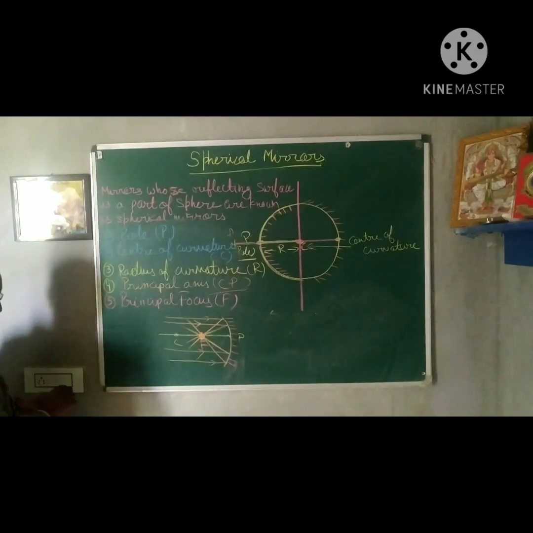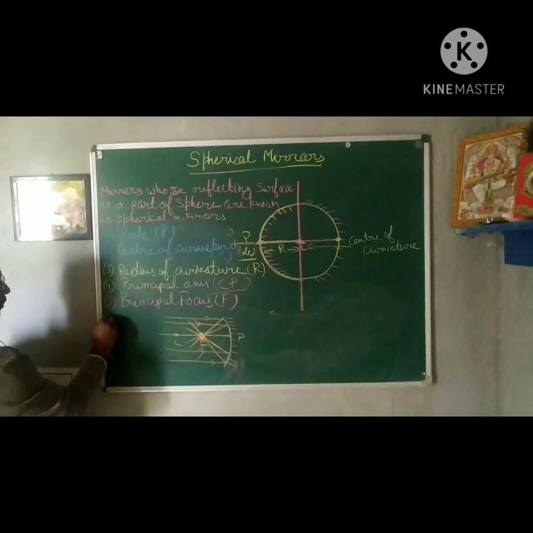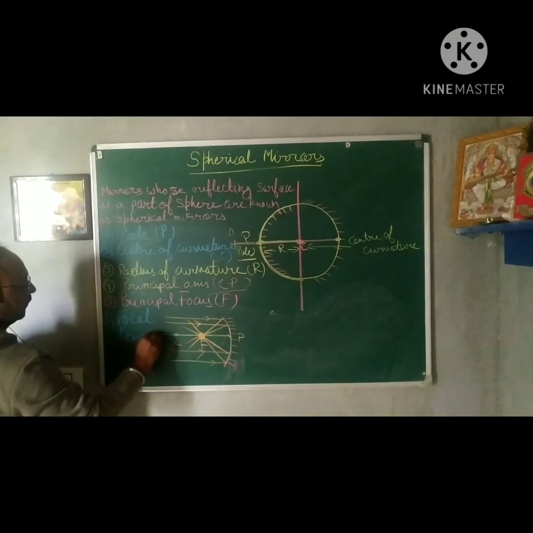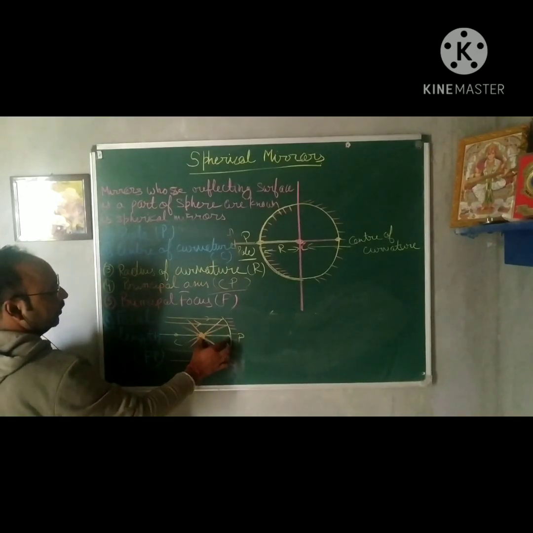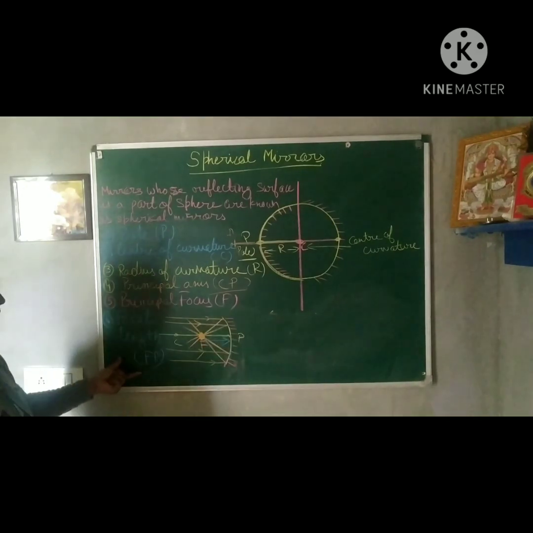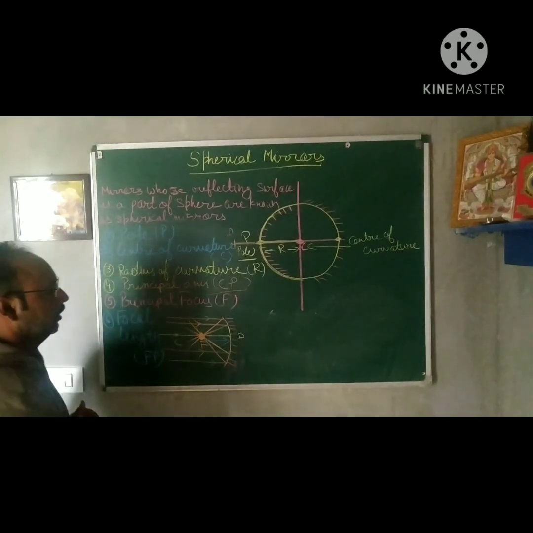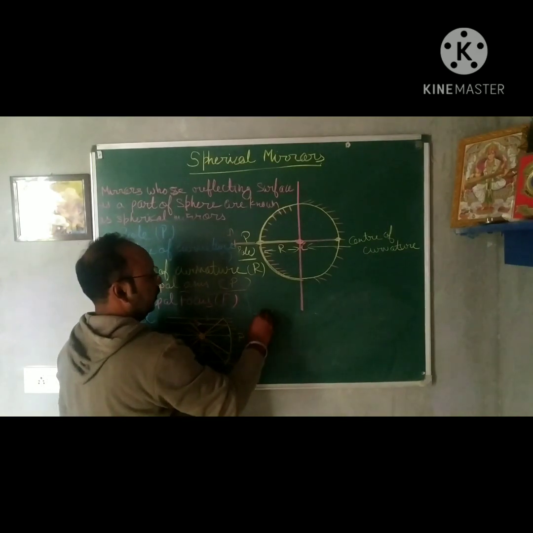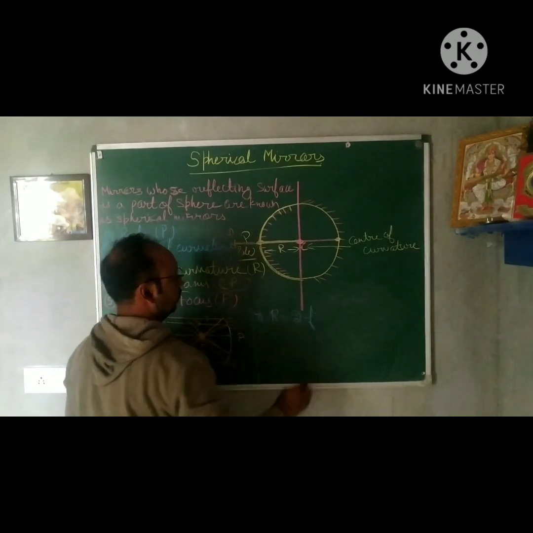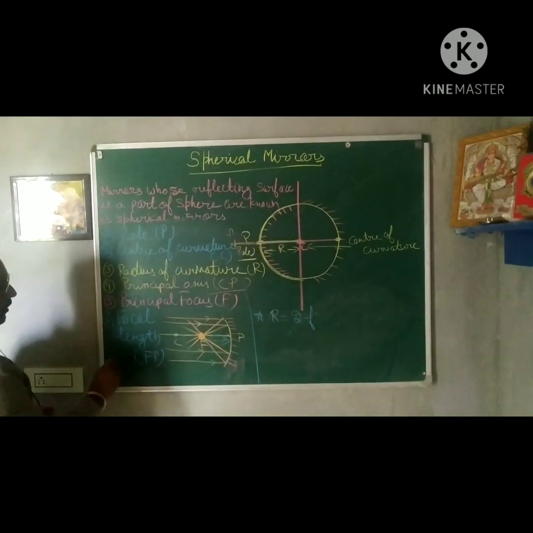From principal focus we can also take one more term, that is focal length, and this is FP. The distance between the pole and focus is known as focal length, FP, right? Very important thing, the relation between radius of curvature and focal length: R = 2f.